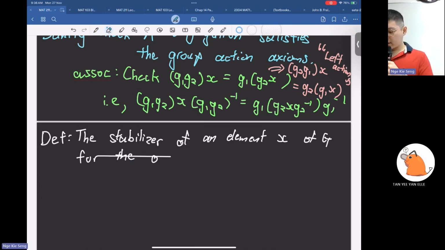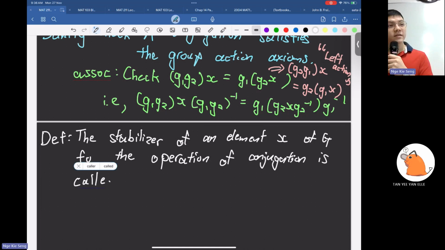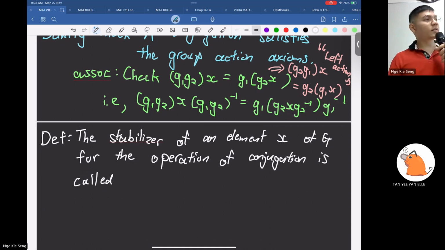What are the elements that stabilize the object? Sorry? Fix? Fix what? Can you be louder? Yeah, just fix it. But this is a special action, right?